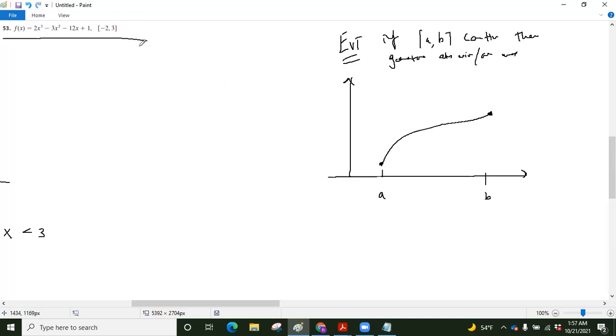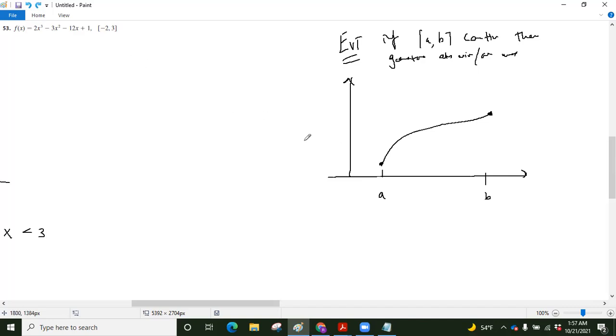Then we plug the critical points back into the original function, take the endpoints, and plug them back into the original function. After we gather a bunch of values, whichever is the smallest value is the absolute minimum, and whichever is the biggest value is the absolute maximum.